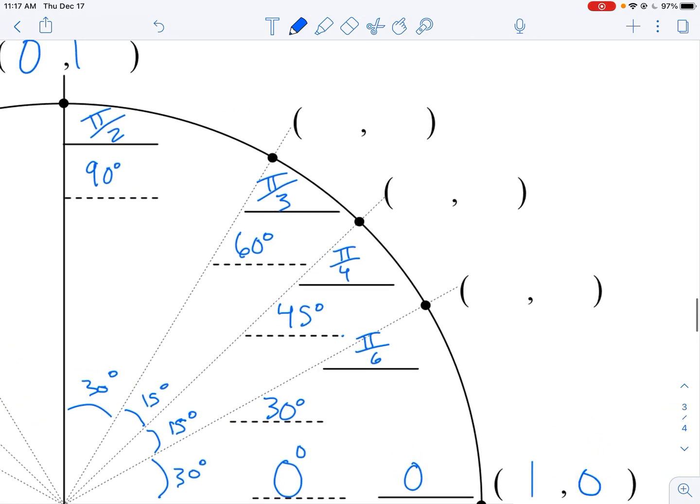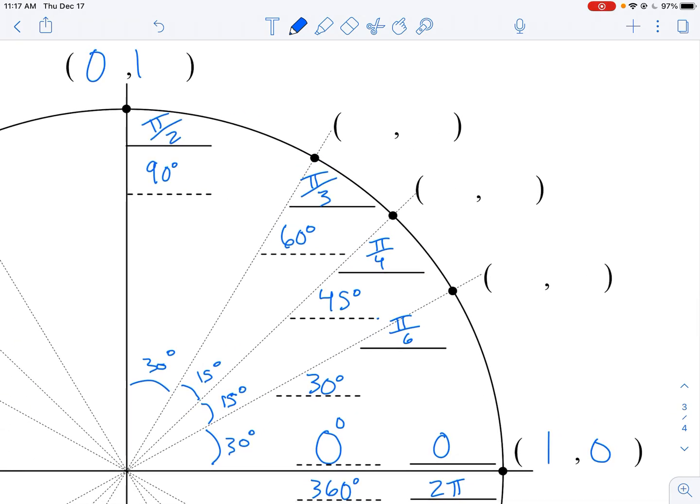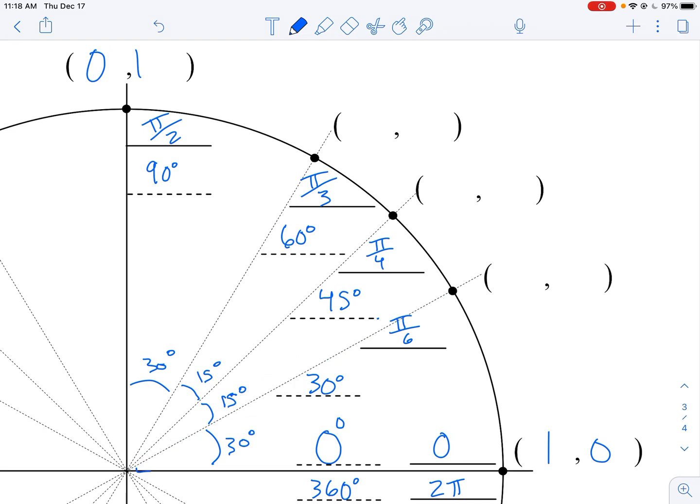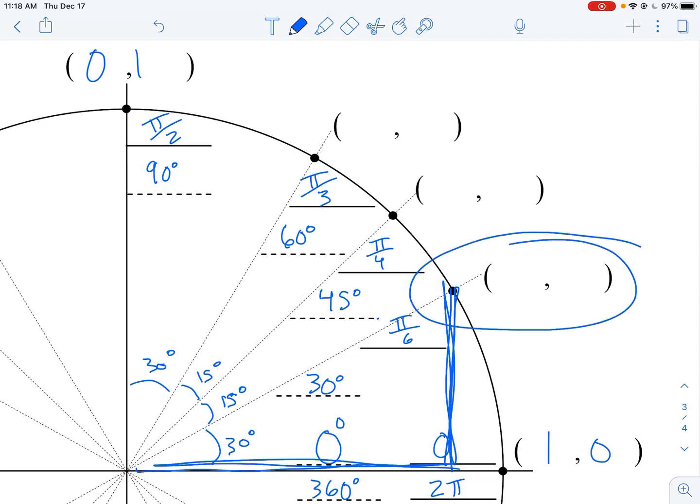We need to deal with these difficult ones that are on the diagonal. Because we know it makes a radius of 1, this length is 1. But that doesn't mean our coordinates are going to have 1 in them, because coordinates are horizontal and vertical, not diagonal. So you have to figure out how far horizontal and how far vertical it is to this point.